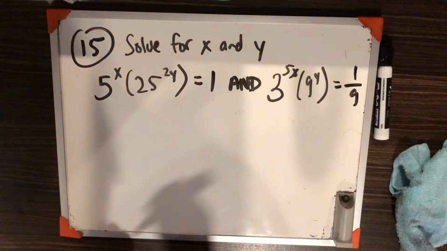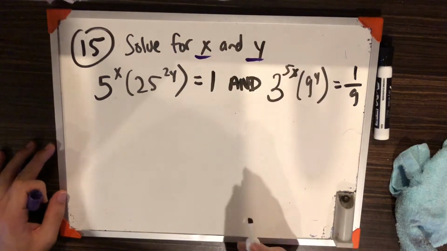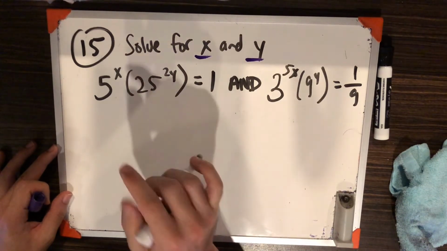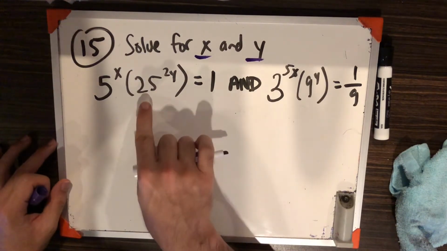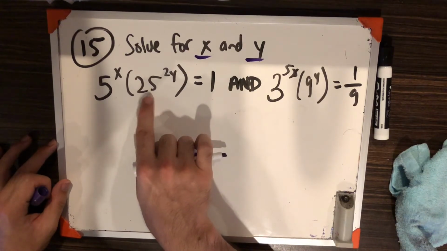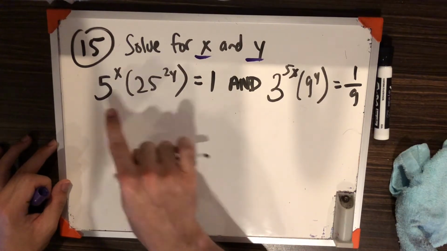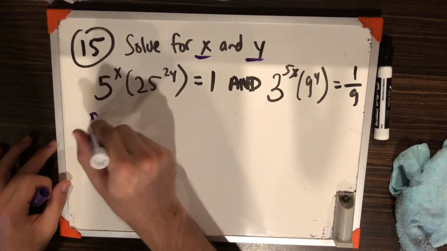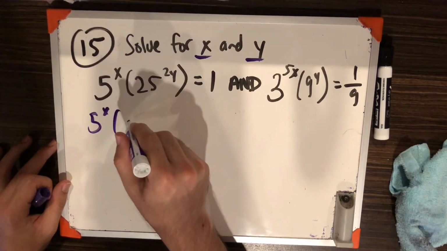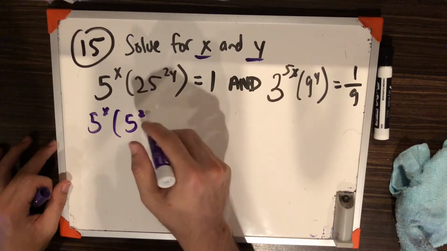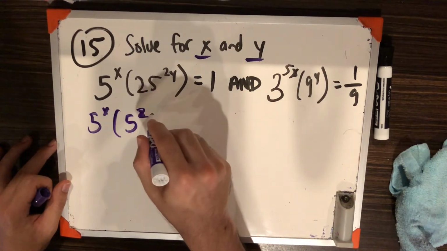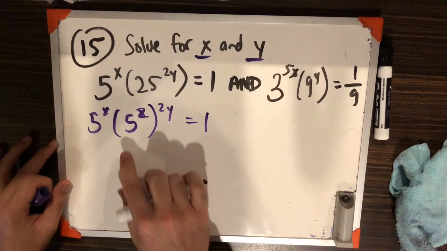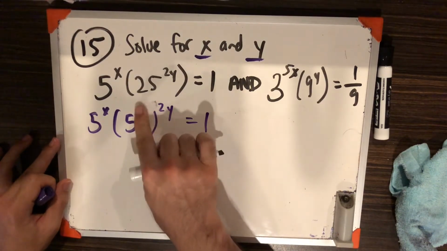Alright, 15. Solve for x and y. Let's do this first situation. So again, let's have the base of 5 here. Since we have the base of 5 here, we can end up adding these exponents. So 5 to the x power, and then let's change this to 5 squared. Of course, I have 2y right there, and 2 times 2y is 4y.